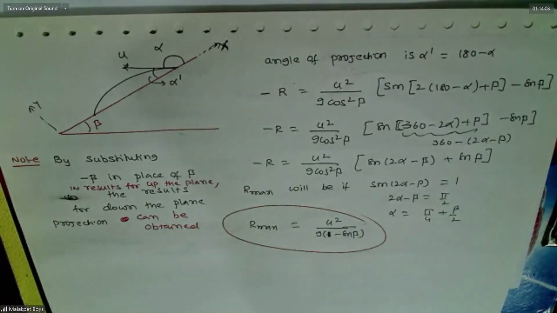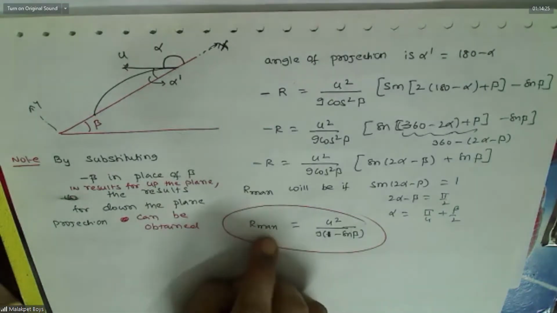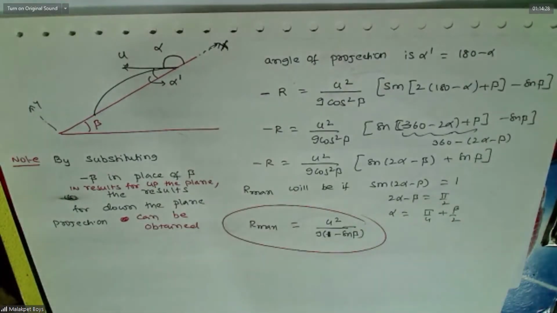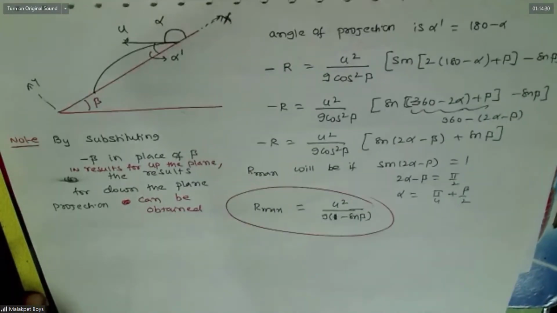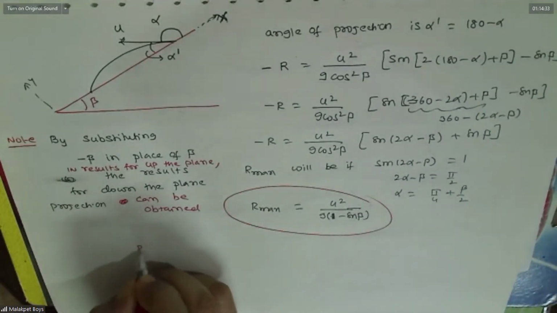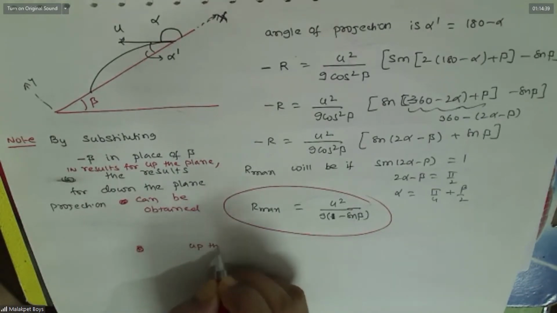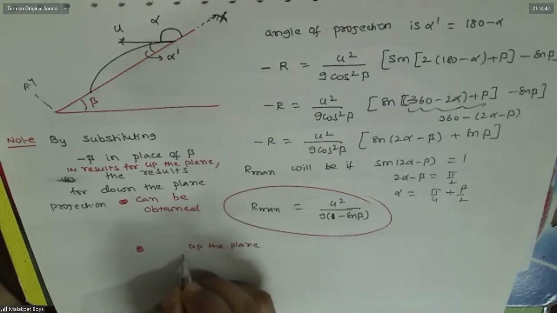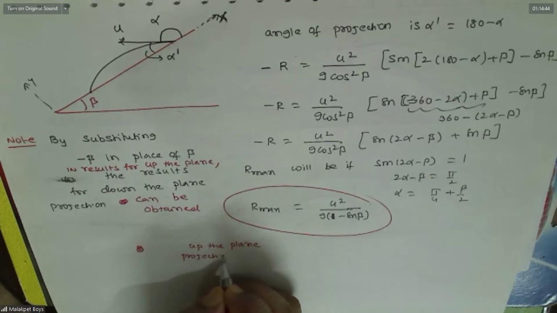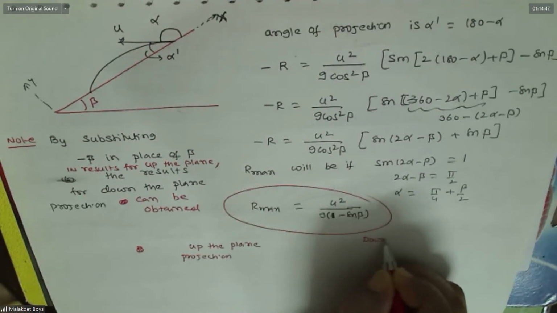Any doubt is there? So the analysis for inclined plane is same. Sir, I did not get the last point which you wrote. See, R max for up the inclined plane, what you have?